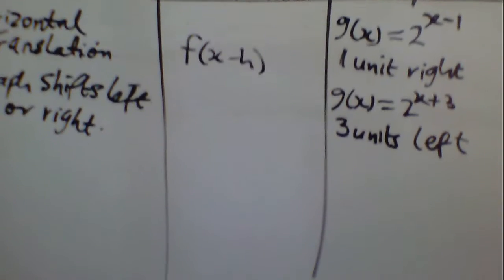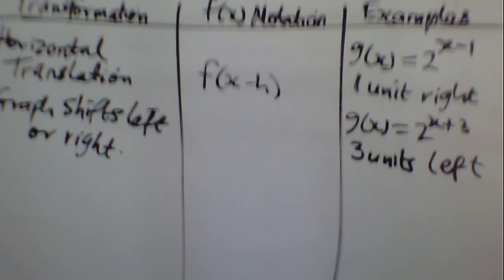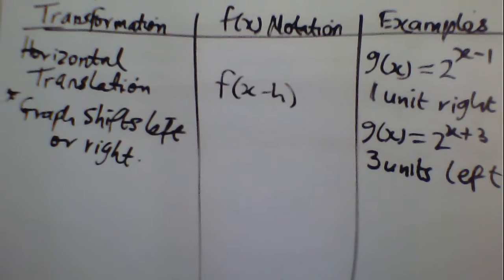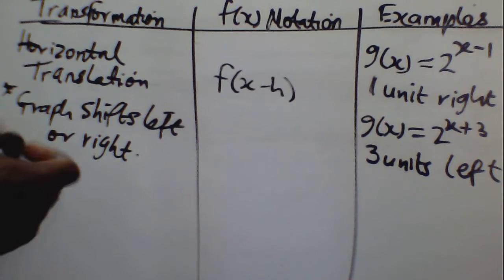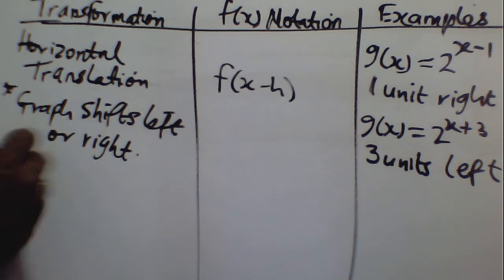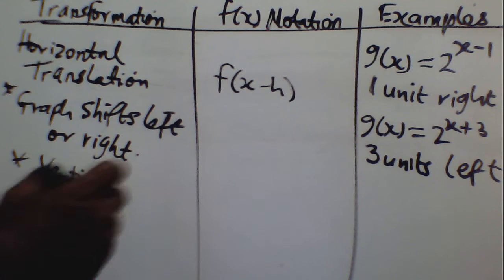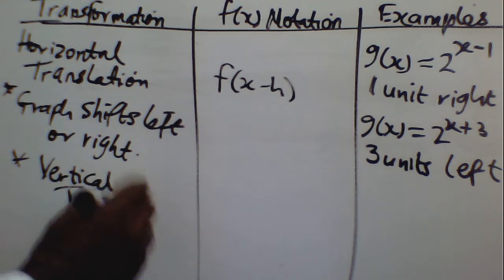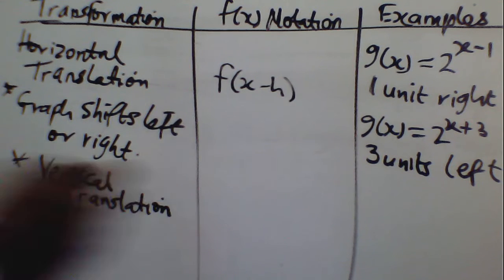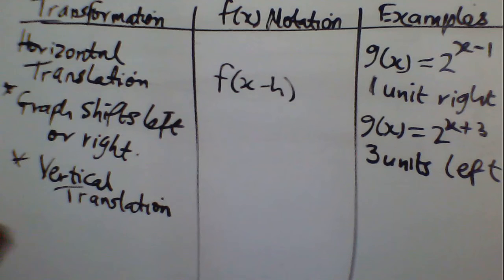Let's go for vertical translation. So next is vertical translation. All this we did in the past for previous functions. They are the same. I just want to refer to the table for you to understand it, so we can go for examples.